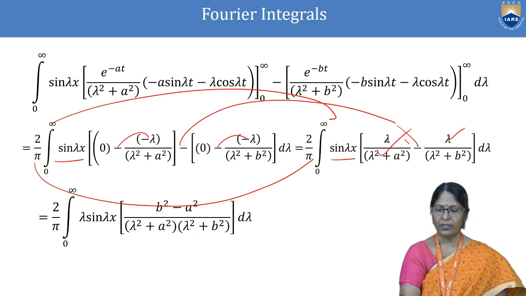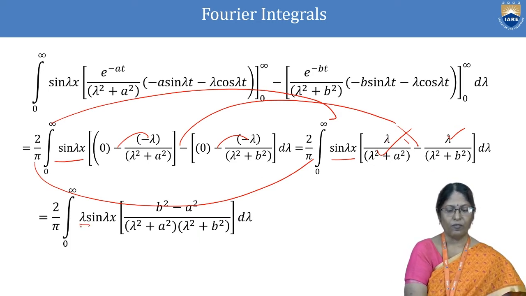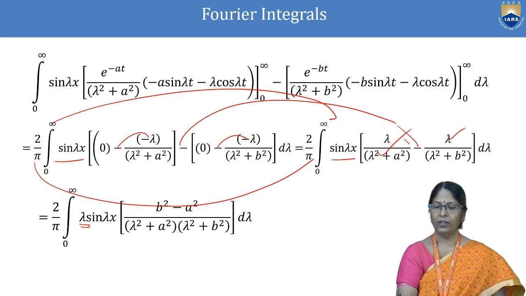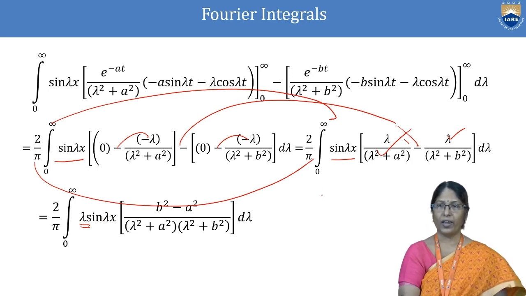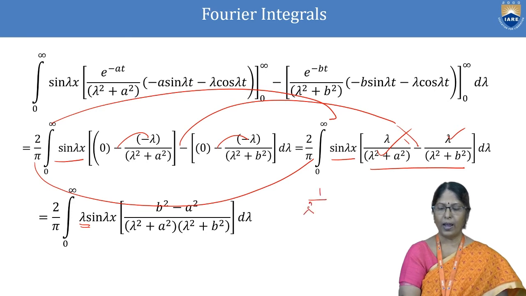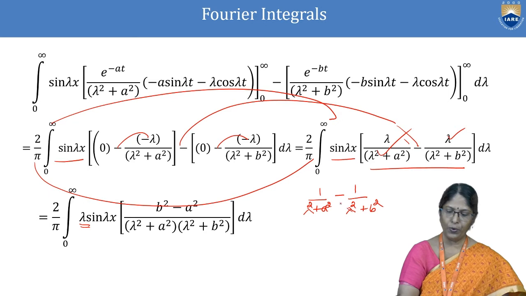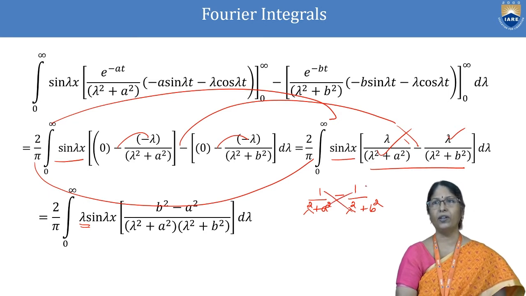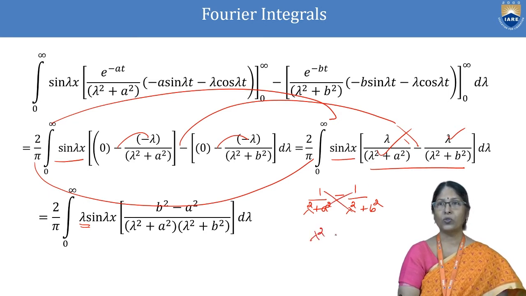Next, this lambda we brought outside. If you bring this part outside, it becomes 1 by lambda square plus a square minus 1 by lambda square plus b square. We are doing the cross multiplication. Then lambda square plus b square minus of lambda square plus a square.